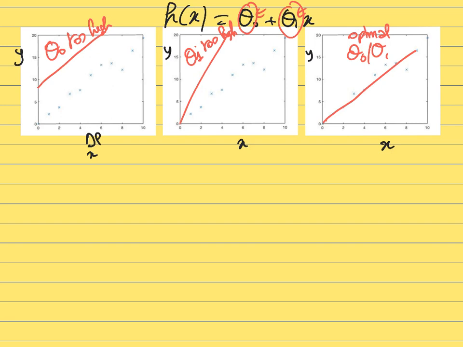How do I find the best values of those parameters that give me the best agreement between the model that I'm trying to construct and the training data? If you can find the best values for theta naught and theta 1, then it means that you are learning some relationship between the input and the output.